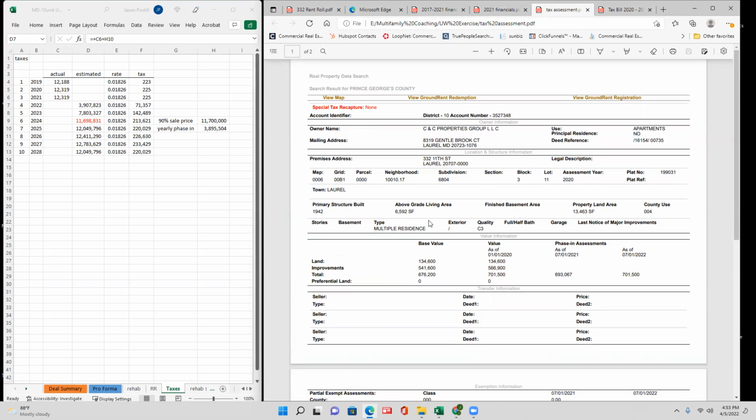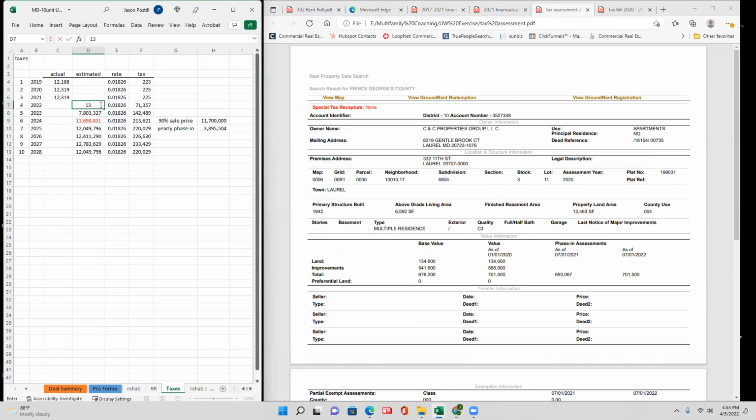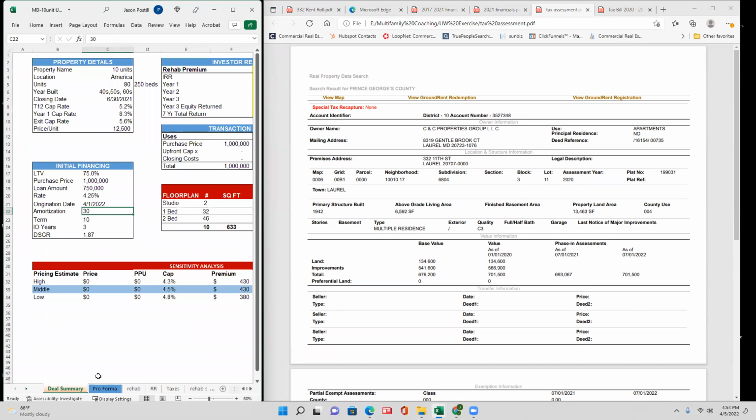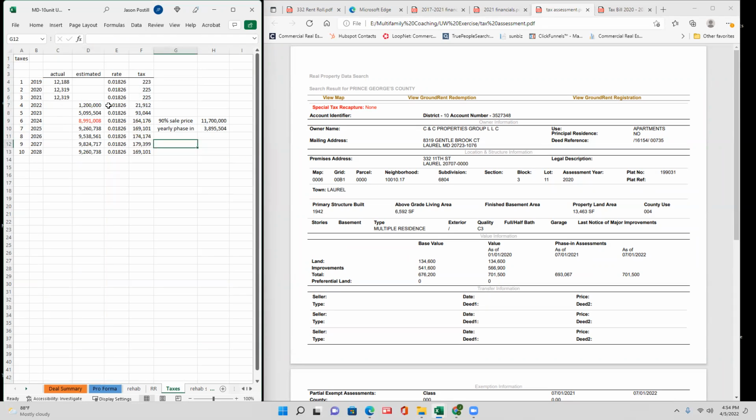He did say that they assess taxes differently. So I don't know, but I know the value could be around, let's call it 1.3. Once you find the millage rate, you put it in here, then the estimated value in these years will hit the millage rate, and then you'll know your taxes that get assessed.